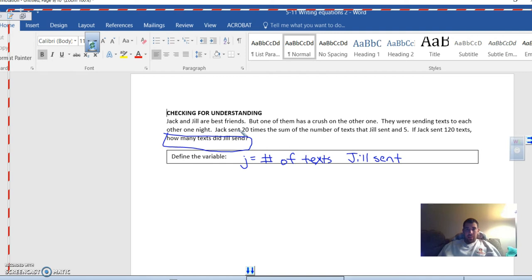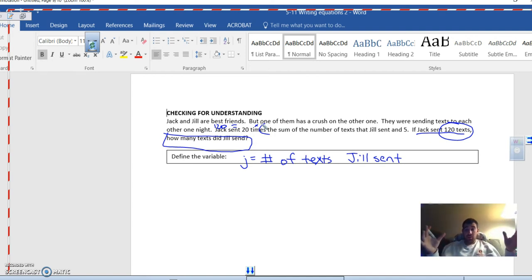It says Jack sent, so Jack equals 20 times. Do we know what Jack's is? Jack sent 120. So 120 equals 20 times, and remember that's multiplication, so we're going to use parentheses. 20 times the sum, so 20 times something being added together.